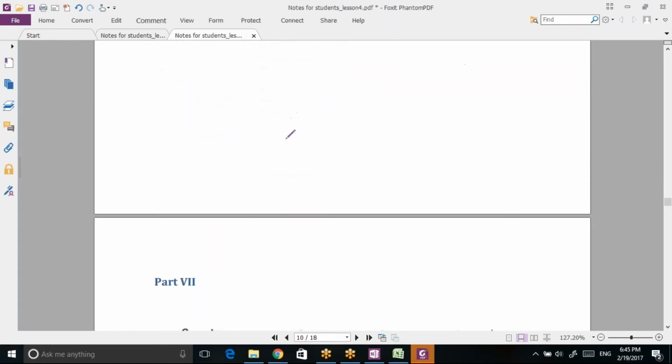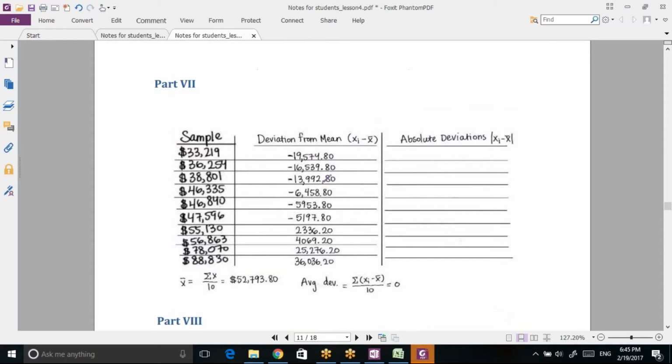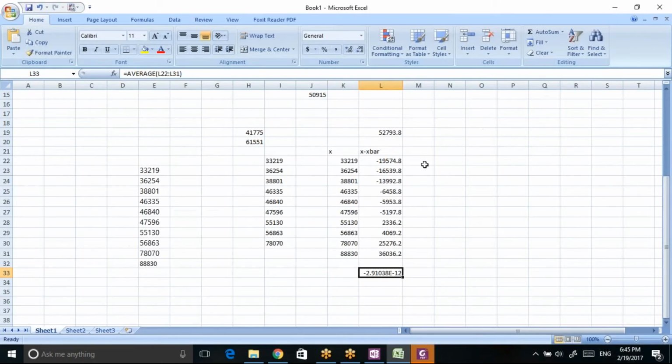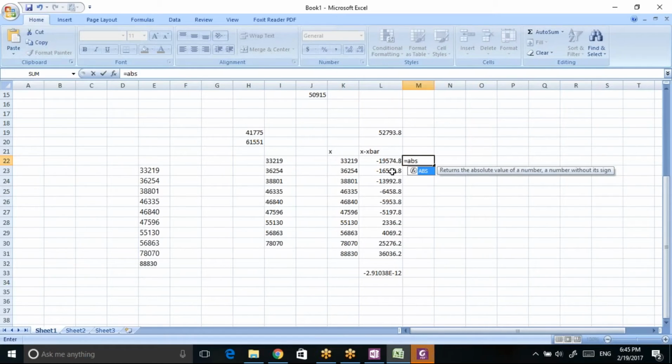Okay. Now let's do it. In Excel we have a function called ABS, which will ignore the negative sign, only giving me the number part, removing the signs. ABS, select this data and press enter.